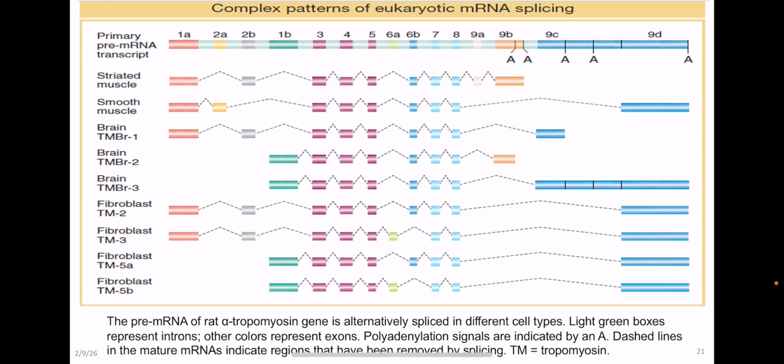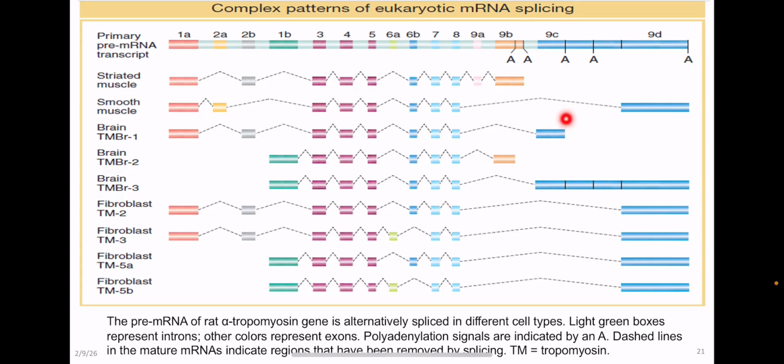So whatever we are going to talk about, the alternative splicing thing, it occurs almost exclusively in humans, but it is rare in plants. Let's look at alternative splicing. Let's say this is a primary mRNA transcript.